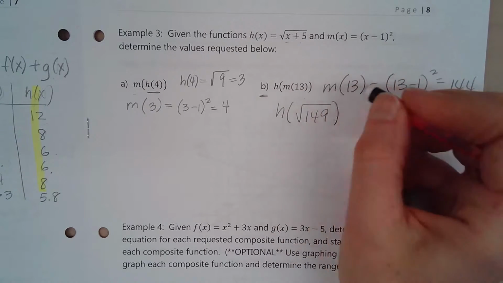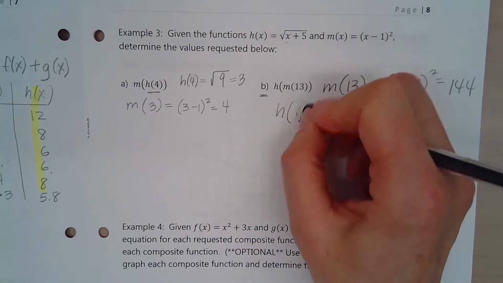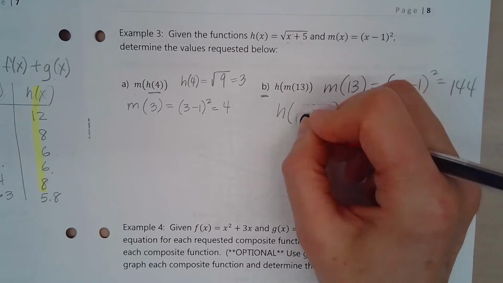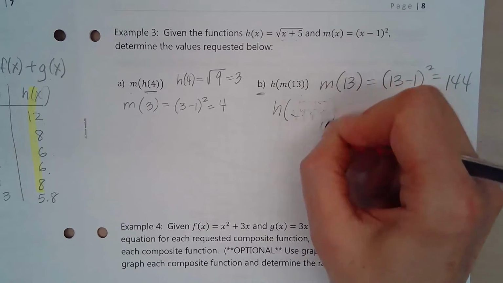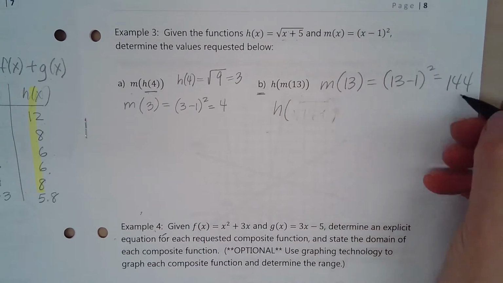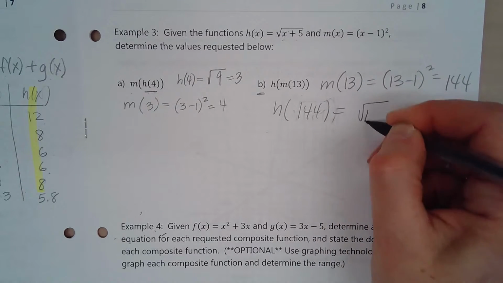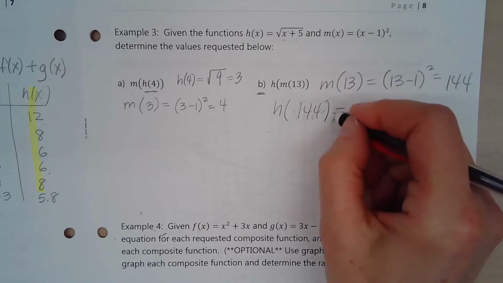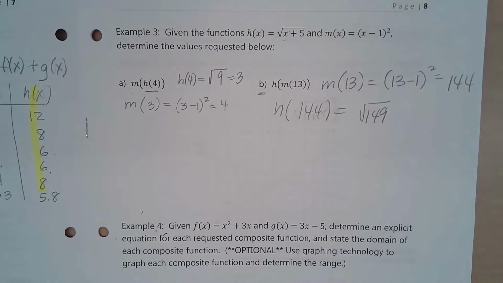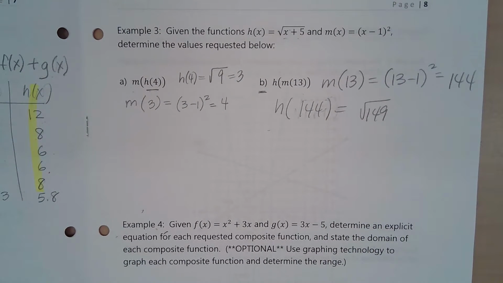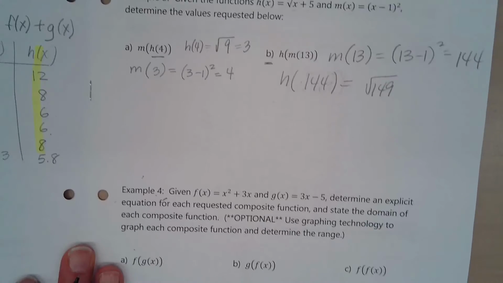Sorry about that. H at 144 equals the square root of 149. Agreed? And that's it. We can't go any further because 149 doesn't have a square root, so we just leave it like that. No decimal answers unless you're asked for a decimal.